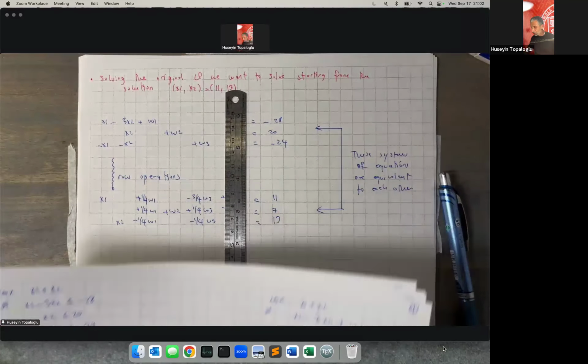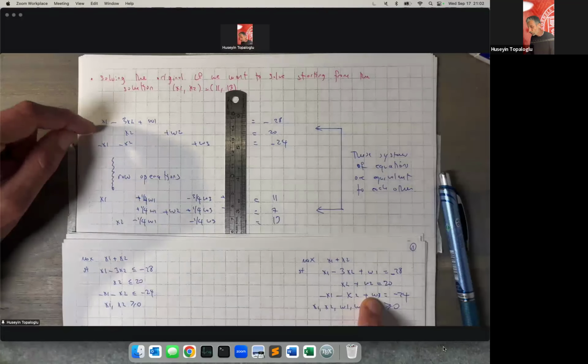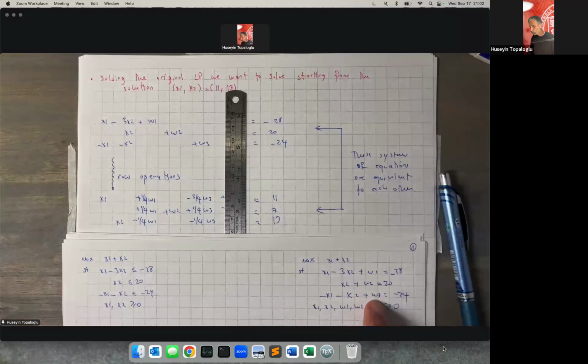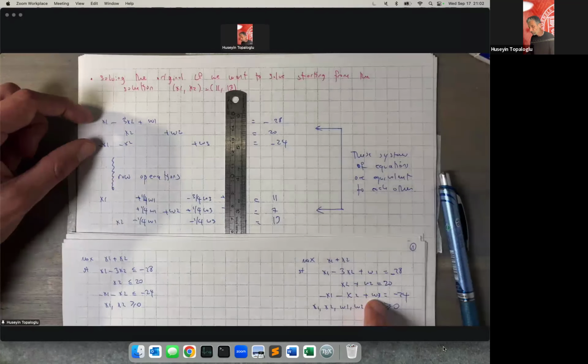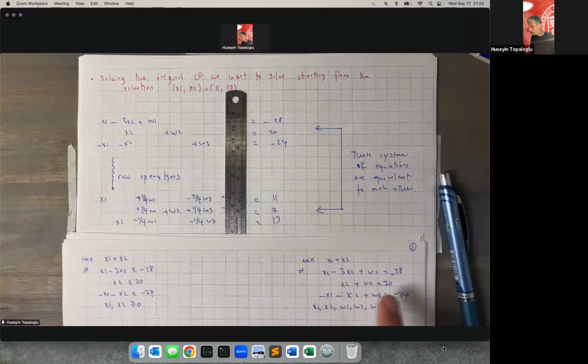On the other hand, if I want to solve the original linear program that I would like to solve, this system of linear equations is the system that represents my constraints.